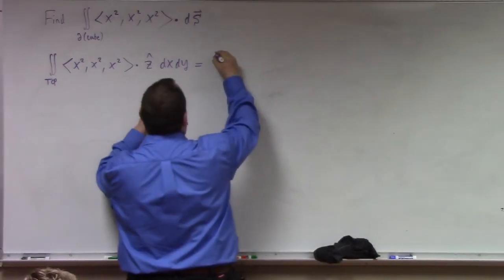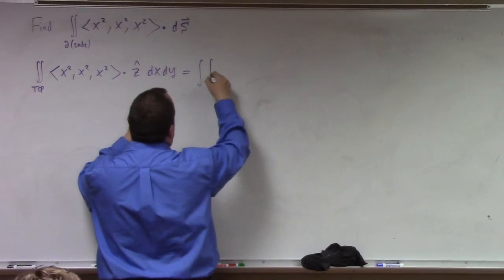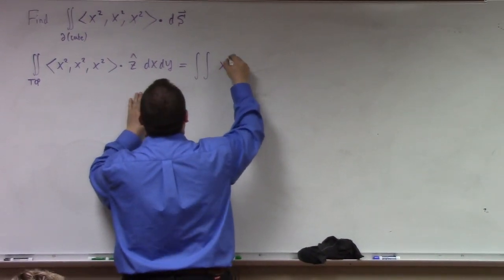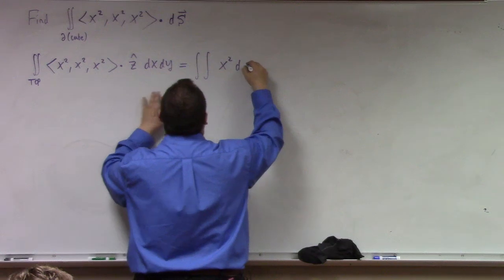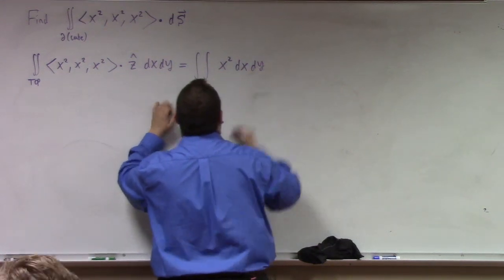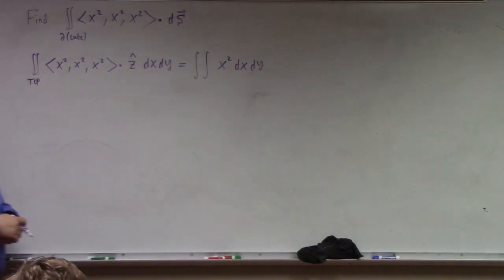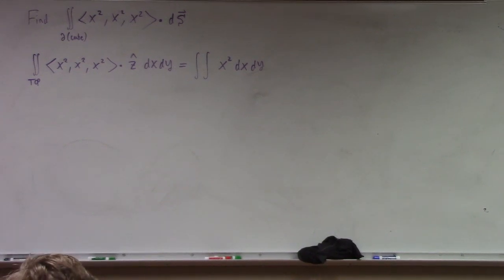So we've got the integral. And what's the domain of the parameterization there, by the way? What do x and y range over on the top face? They range x equals 0 to 1, y equals 0 to 1.